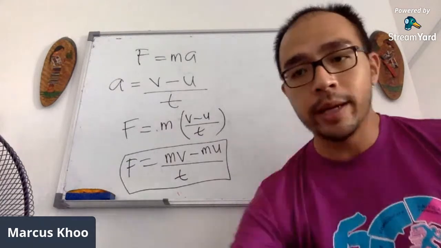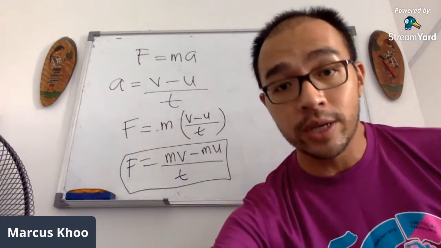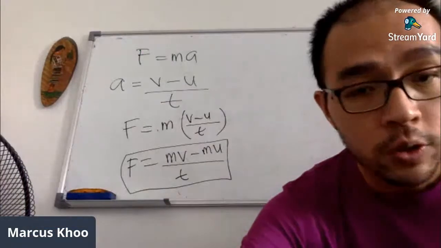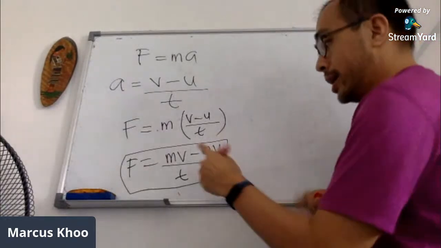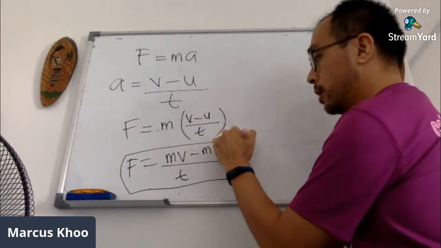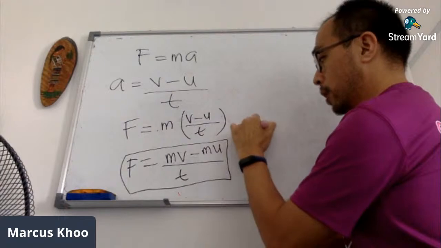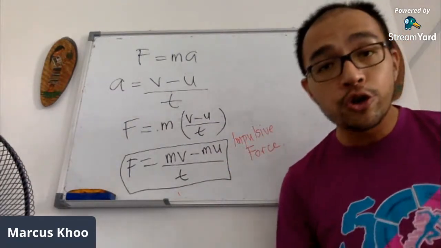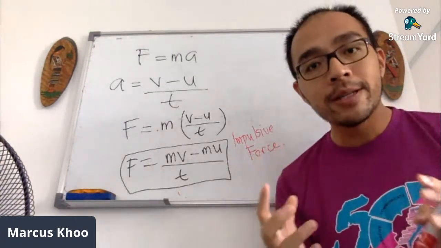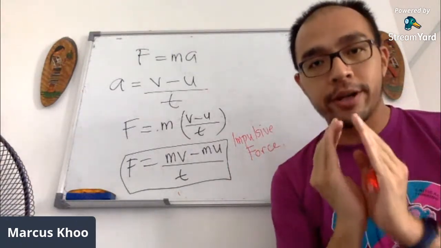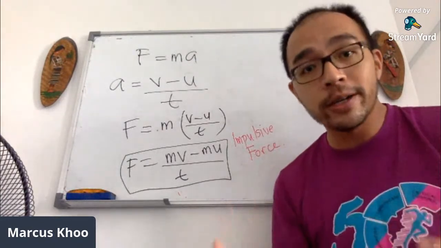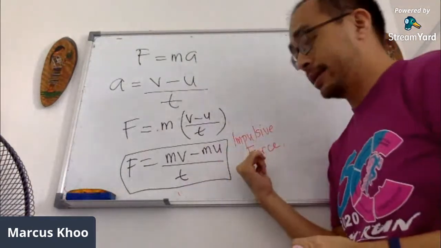The first one is it is answering the question that I posed earlier, which is derive an equation for impulsive force. So this formula is the formula for impulsive force. It is a strong force that happens over a short period of time. Short period of time, you have a strong force, and this is called an impulsive force.